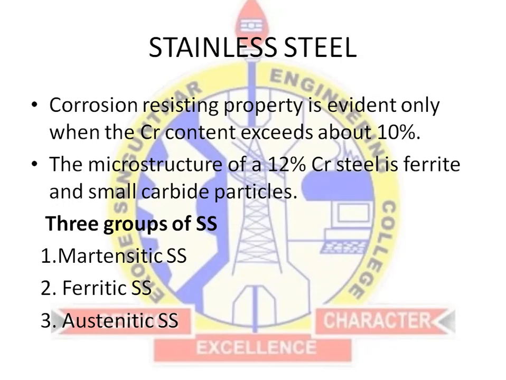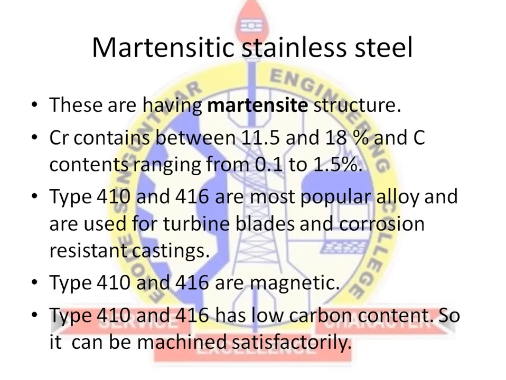The microstructure, with 12 percent chromium, consists of ferrite and small carbide particles. The three groups of stainless steel are martensitic, ferritic and austenitic. These are the three types of stainless steel. Martensitic steels have a martensite structure.